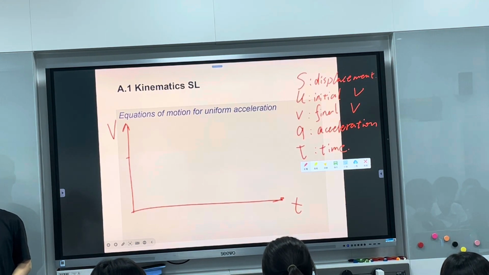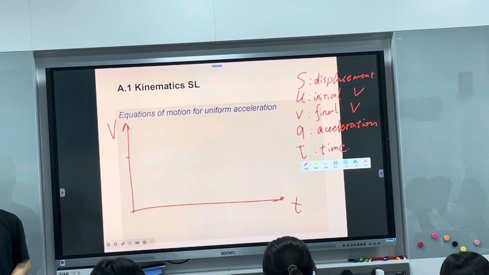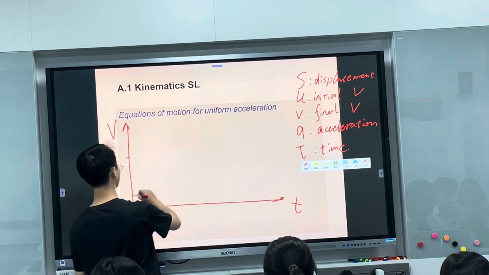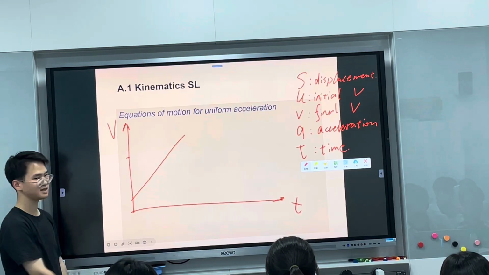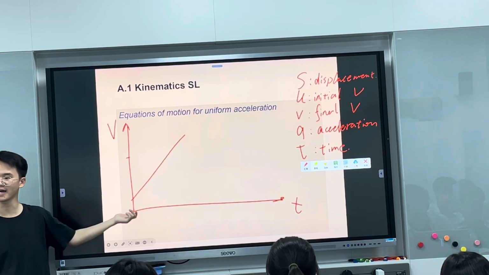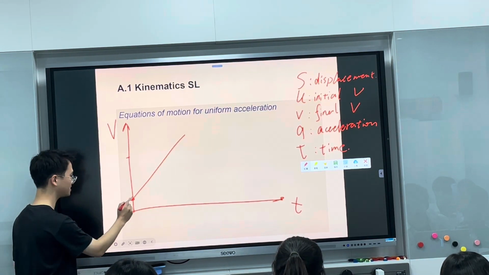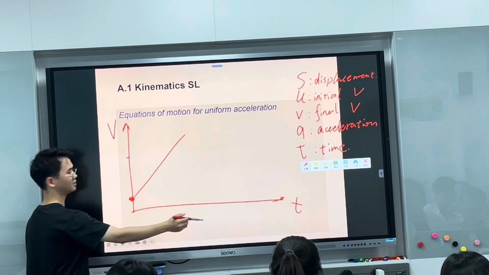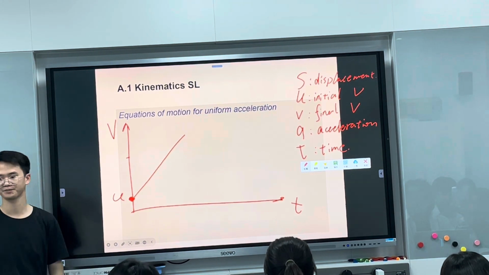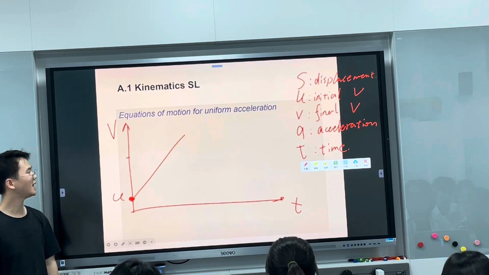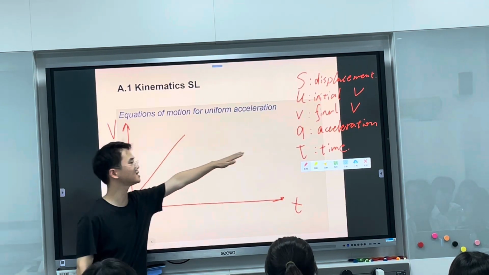It should be a straight line, but has a slope, right? Like that. Does it have initial velocity for my current case? Yes. Because when time equals 0, velocity is not 0. So it has an initial velocity here. Right? The slope is acceleration, right?